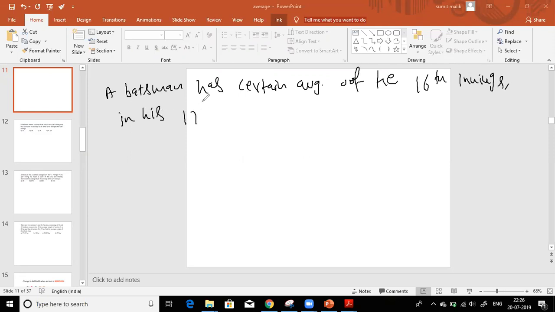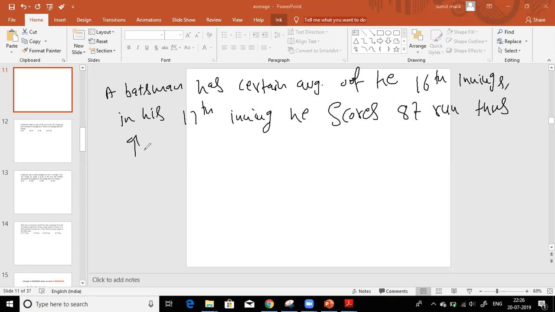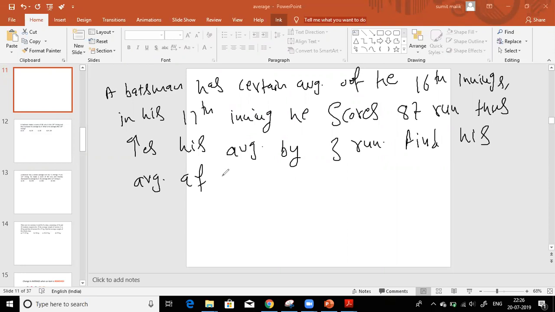In his 17th inning, he scores 87 runs, thus increasing his average by 3 runs. Find his average after the 17th inning.